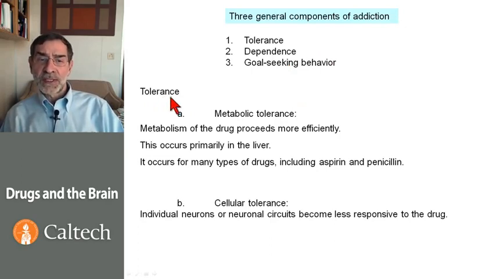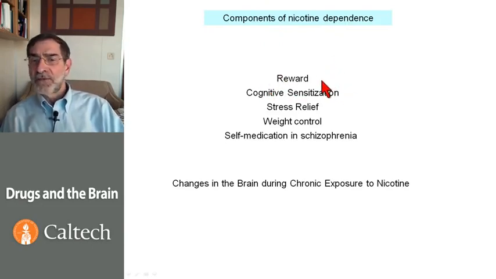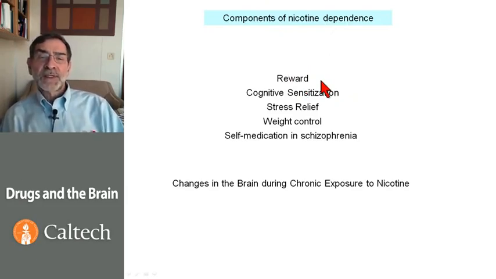We'll discuss the metabolic and cellular mechanisms of tolerance. Again, using as an example nicotine addiction, we will talk about the various components of an addiction. The fact, for instance, that nicotine gives a sense of well-being, but also some nicotine addicts believe that they think better when they smoke, and that's called cognitive sensitization.